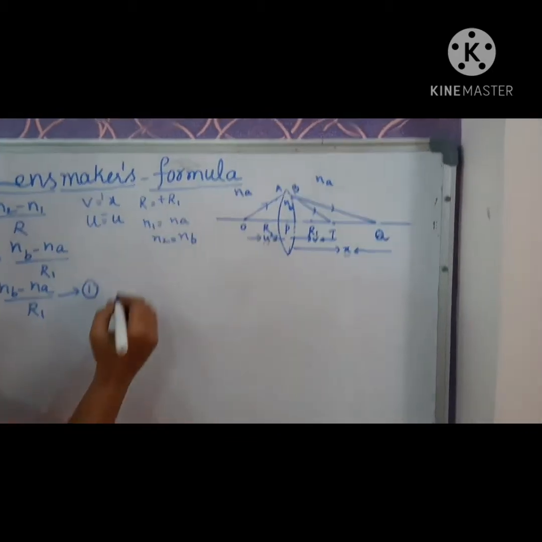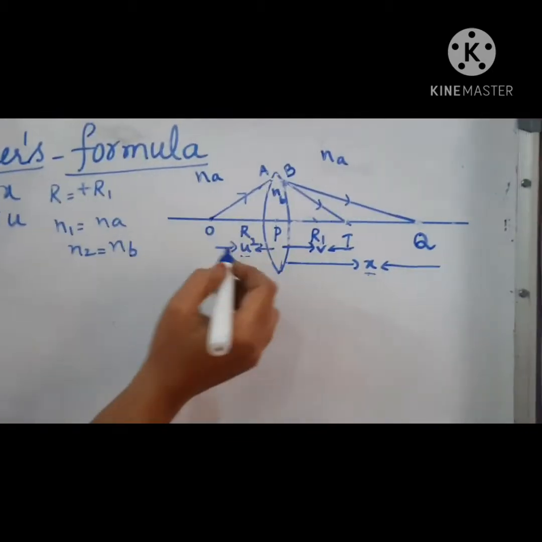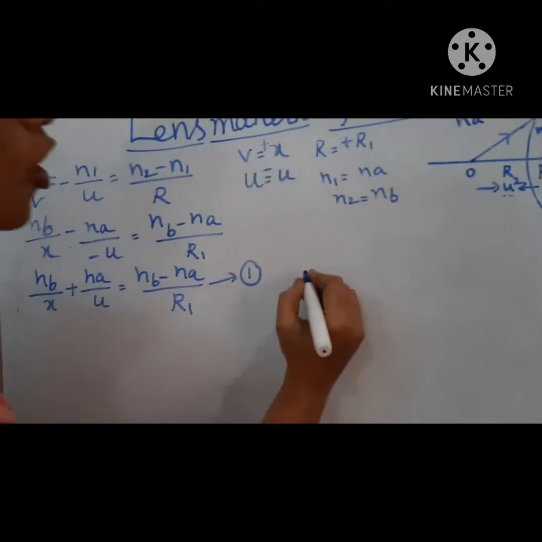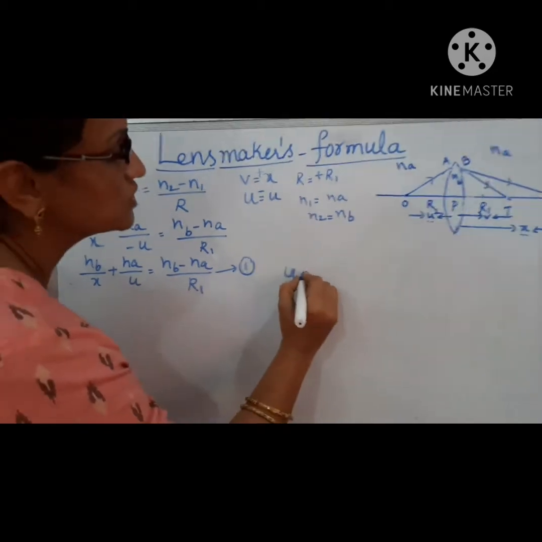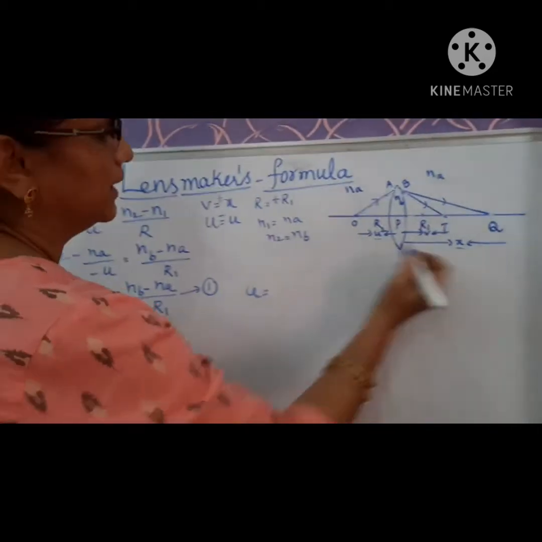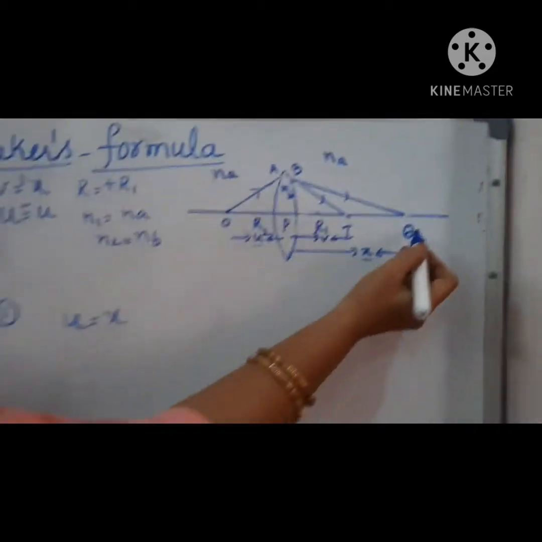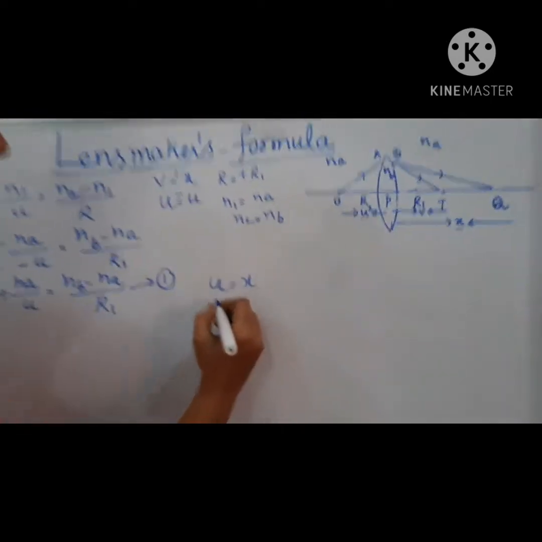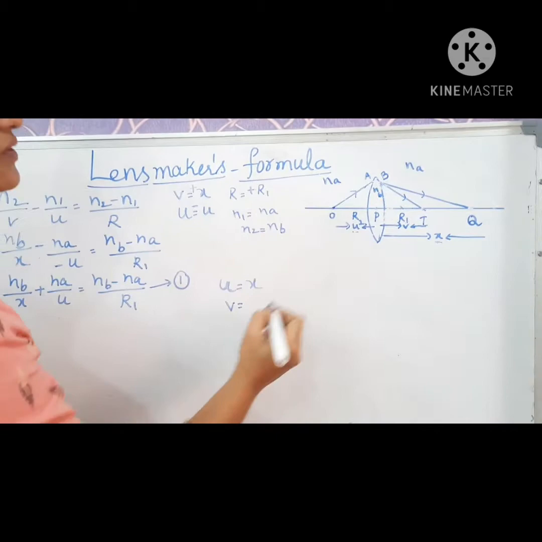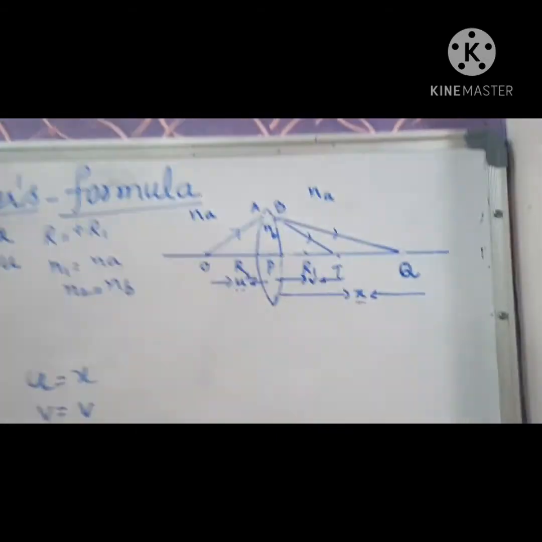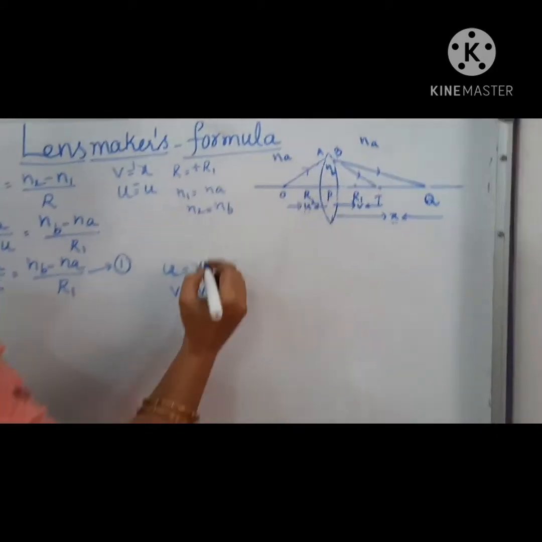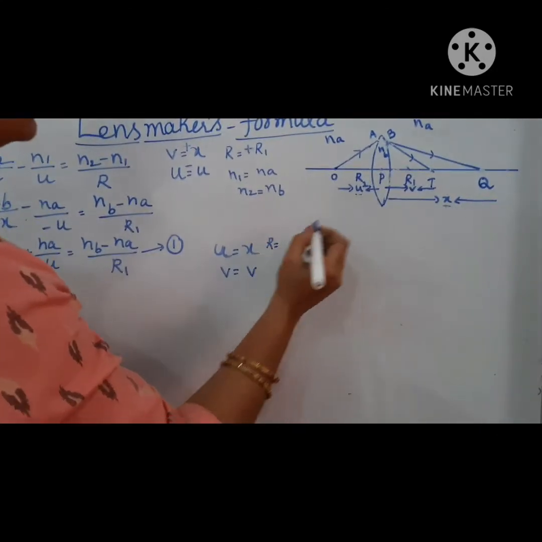So let us write the different letters for the second situation. When we consider both curved surfaces, what is the object distance U? U is X, because we are considering Q as the object for this surface. And what is the image distance V? V is equal to V. And what is R?